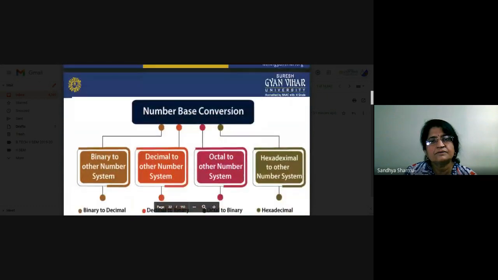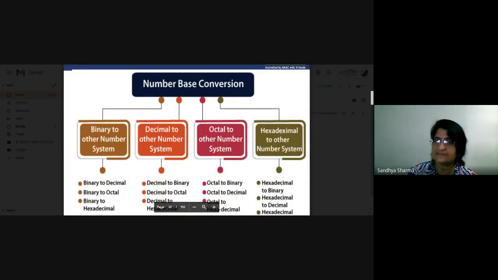Now again there is the number-based conversion. Initially we have seen the binary system, decimal system, octal system, and hexadecimal system. But now we will see the conversion. The binary system can be converted into decimal, octal, and hexadecimal. The decimal system can be converted into binary, octal, and hexadecimal. The octal system can be converted into binary, decimal, and hexadecimal.